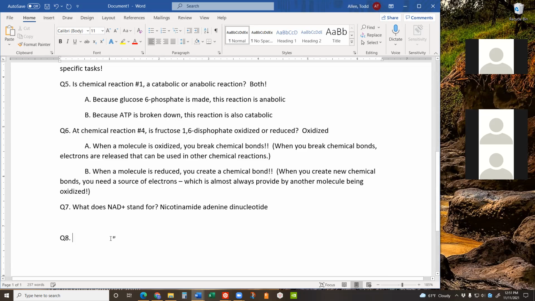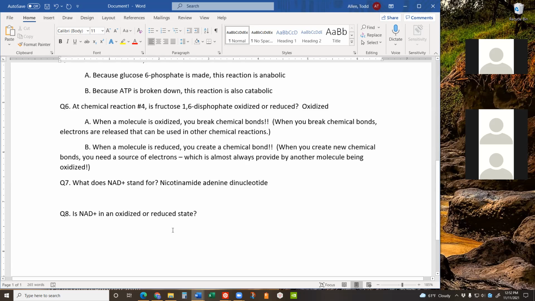Okay, Erica, my next question to you is, if you look at chemical reaction 6, you see 2 NAD plus. Okay, so here's the question, Erica. Is NAD plus in an oxidized or reduced state?